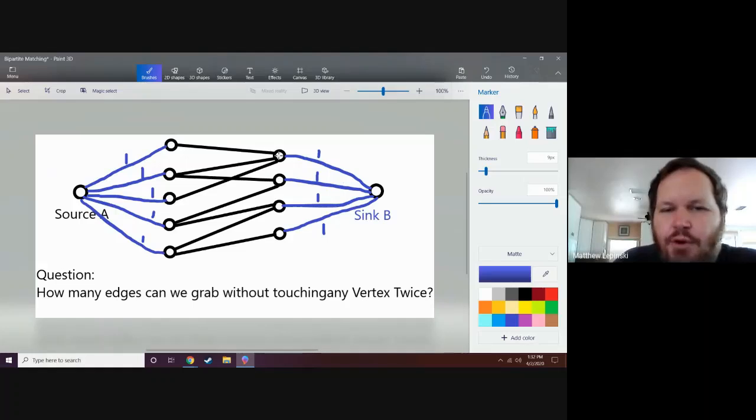And each type B person can only get 1 unit of flow. So every time I push flow from A to B, I must be matching up an A person to a B person, and the capacity constraints tell me that I'm not going to use the same A person twice, because this A person can only get 1 token from the source.